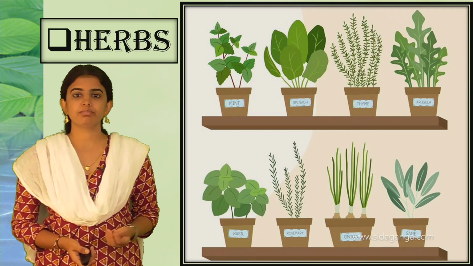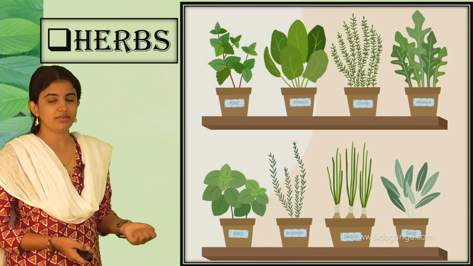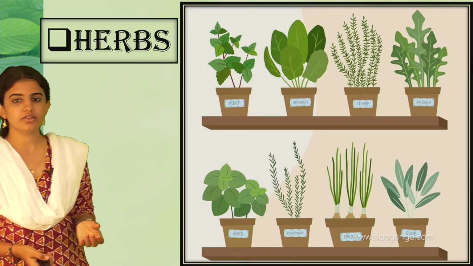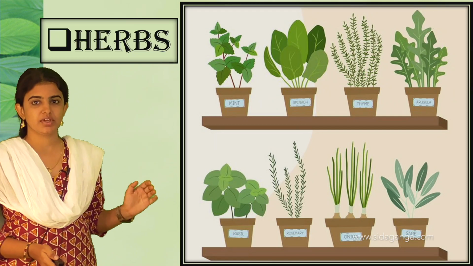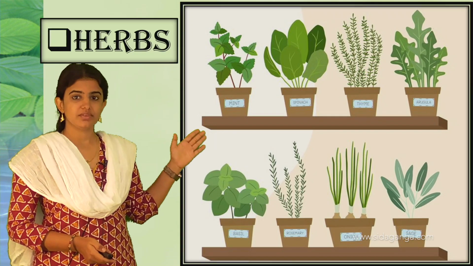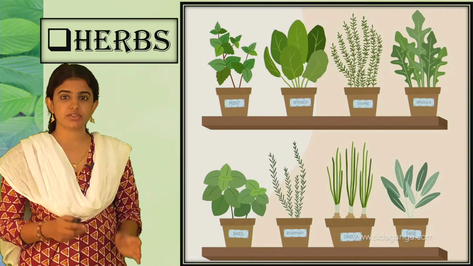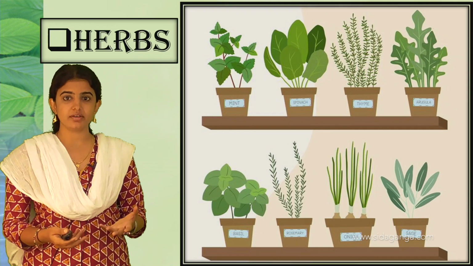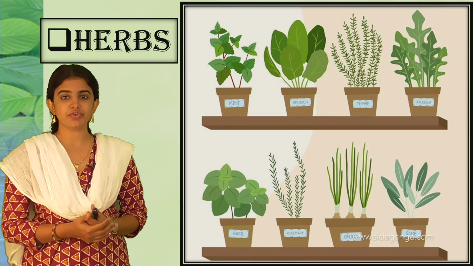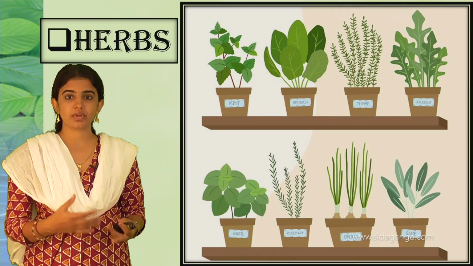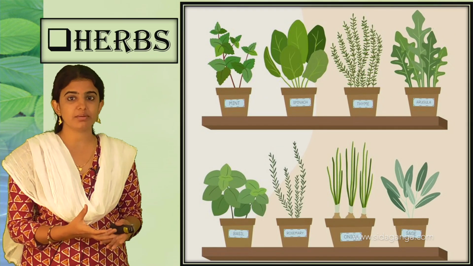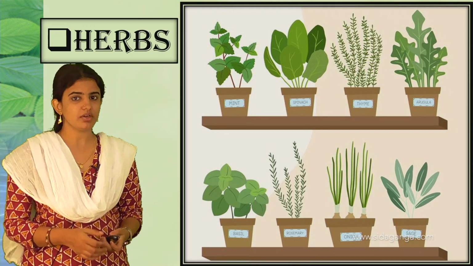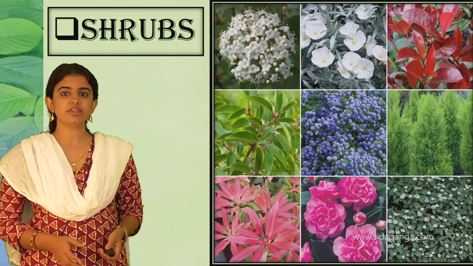Examples of herbs are mint and spinach. These herbs have tender stems, scent and a characteristic feature, which helps in preparing spices and also for making medicines. These herbs are useful. Next one is the shrubs.